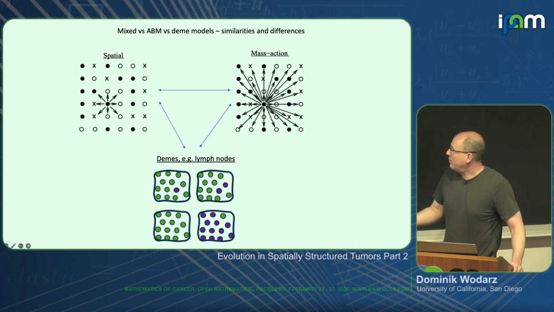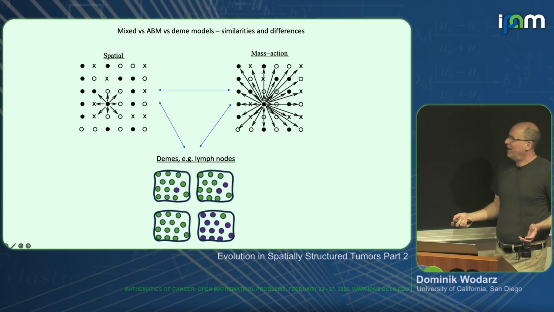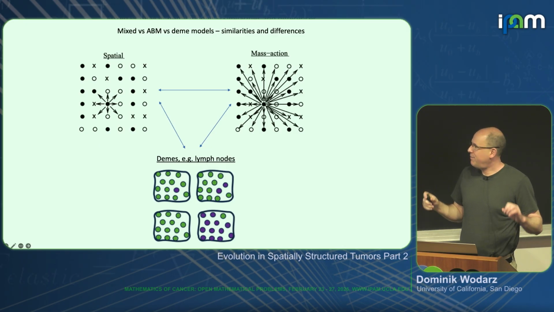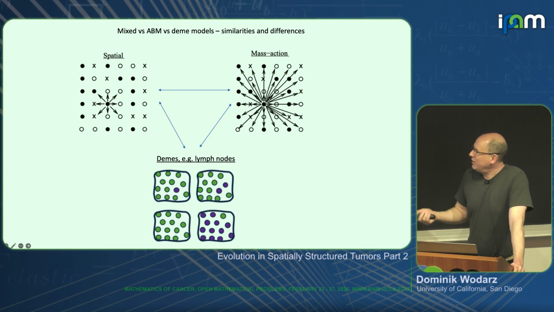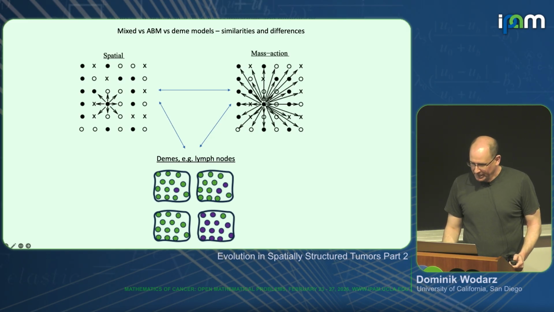And you can, again, compare those things to these demes or patches where cells grow in spatially separate patches from each other that are connected to each other by migration. And one thing that I'm going to mention as I go through this is that there can be a similarity between the properties of a patch model and the properties of these types of agent-based models.